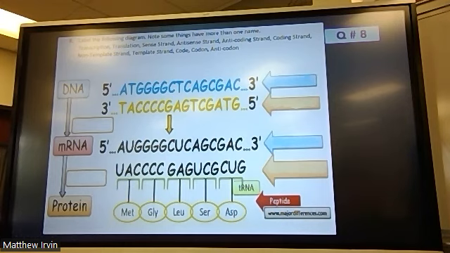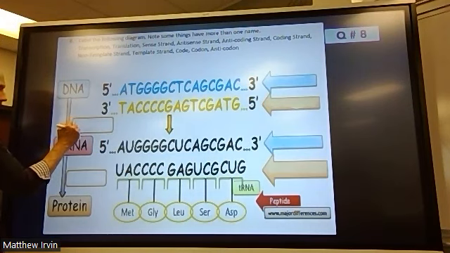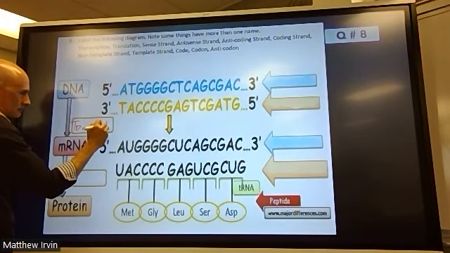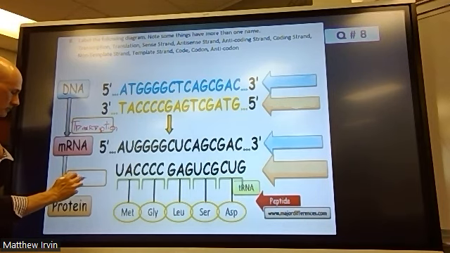All right, looking at this, we've got lots of labels. We're going to label all of them, and I'm going to tell you which ones are probably the most important. Going from DNA to RNA is what? That's going to be important. RNA to protein, also important.